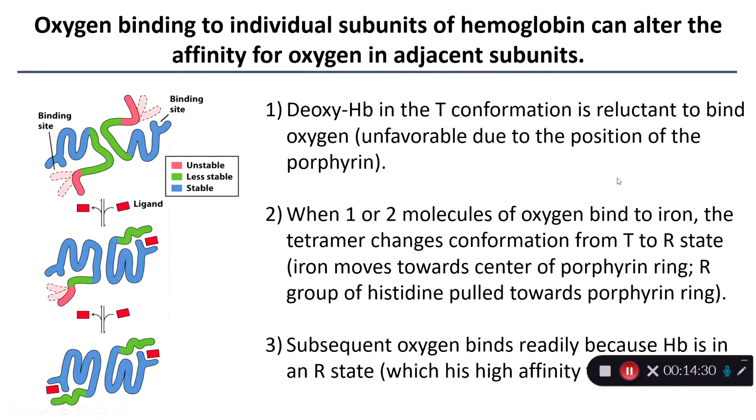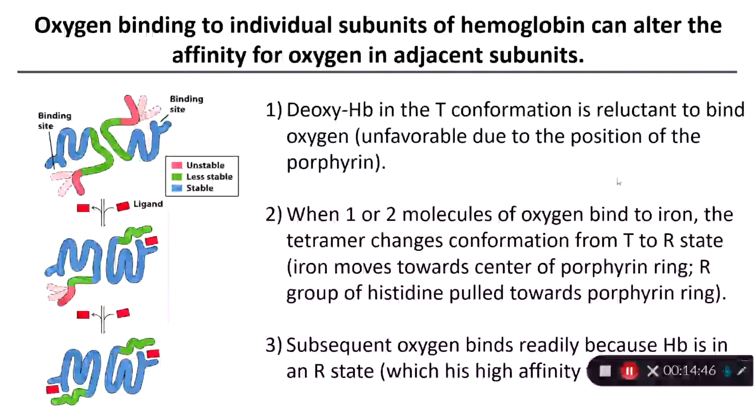When oxygen binds to the iron complex, so the iron in the center of the heme group, it causes the iron atom to move back towards the center of the plane of the porphyrin ring, which positions it in the ring to be more accessible to oxygen.